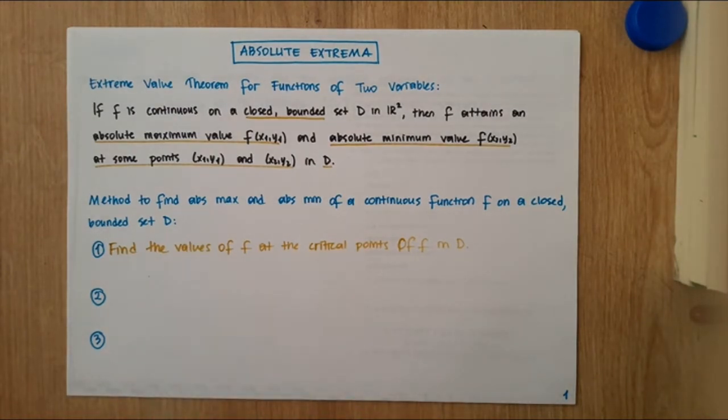To do this, first of all, we should find the critical points. The first step will be this: we will find the critical points, and then we will decide which of them are in the given region. Then we will find the values of this function at the critical points.